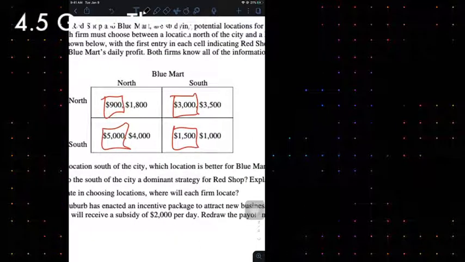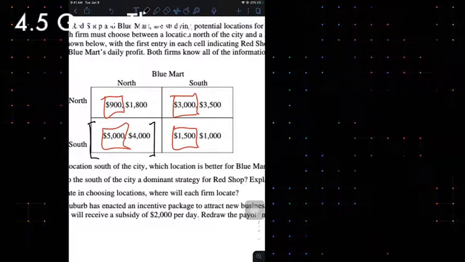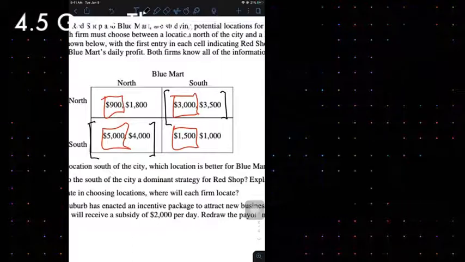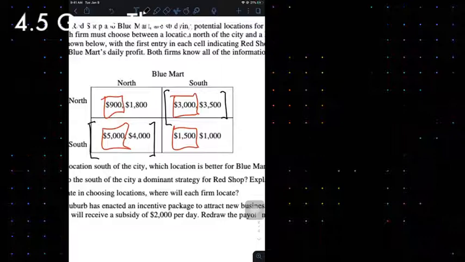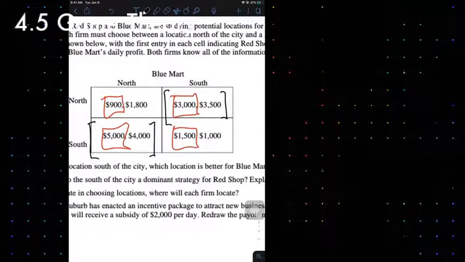Now, there's two possible answers here, right? We have this answer, which is the most profit, but sometimes my students will say, what about this answer, sir? This answer has a smaller profit differential, right? The difference between the two shops here is smaller, right?